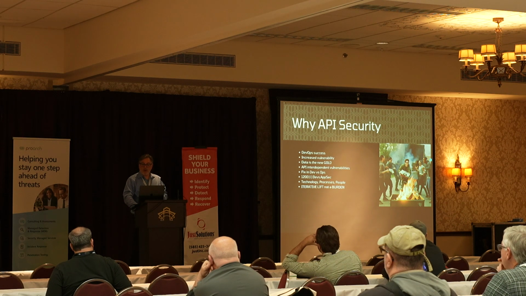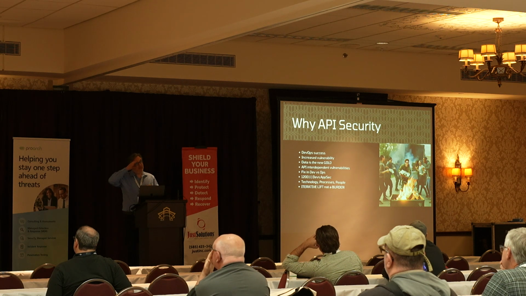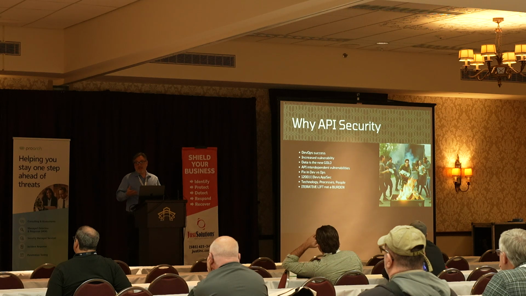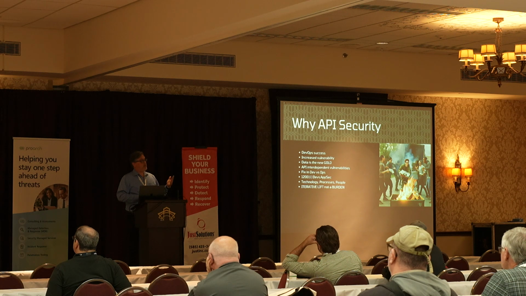So there's a whole lot of problems that are happening, and it's kind of predicated upon the fact that DevOps has really been so successful, right? Most large organizations have a DevOps process now. You're putting code into the cloud, you're deploying infrastructure as code, and doing all these things that allow us to get code to market, to be able to deliver features and capabilities faster.